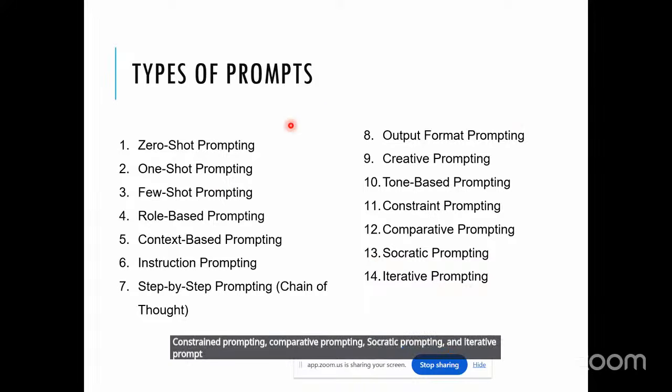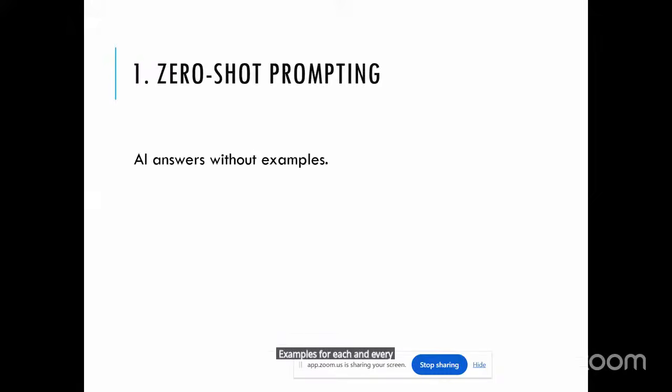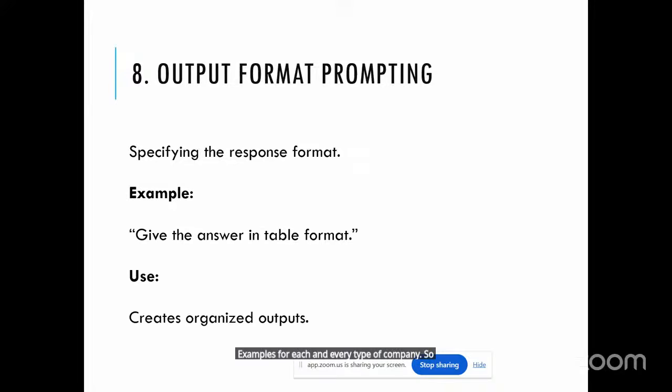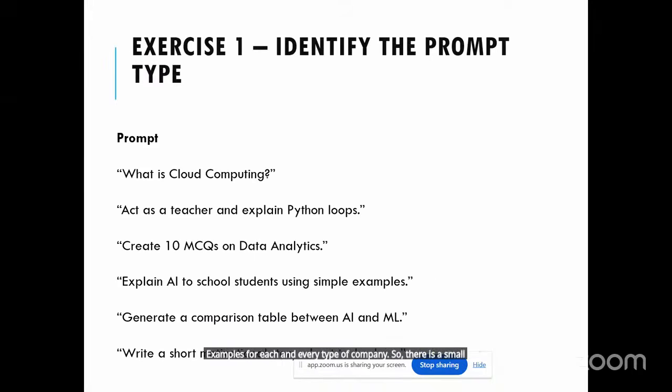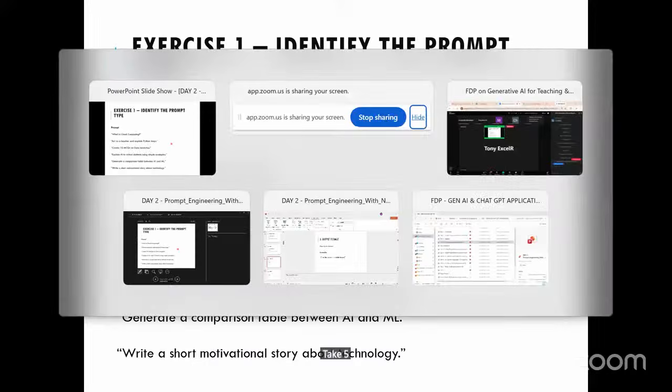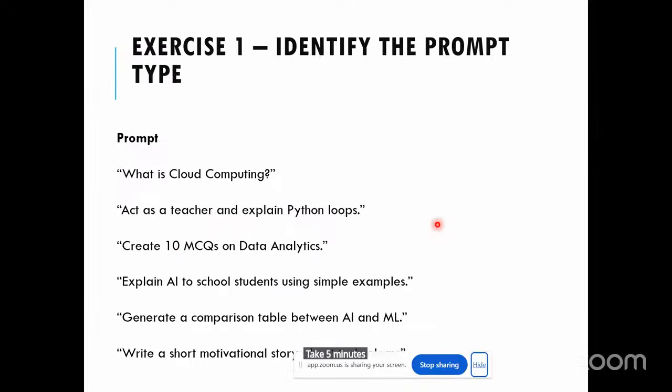We have seen examples for each and every type of prompting. So there is a small task for you. These are the questions. Identify the prompt type and tell me what prompt it is. Take 5 minutes.